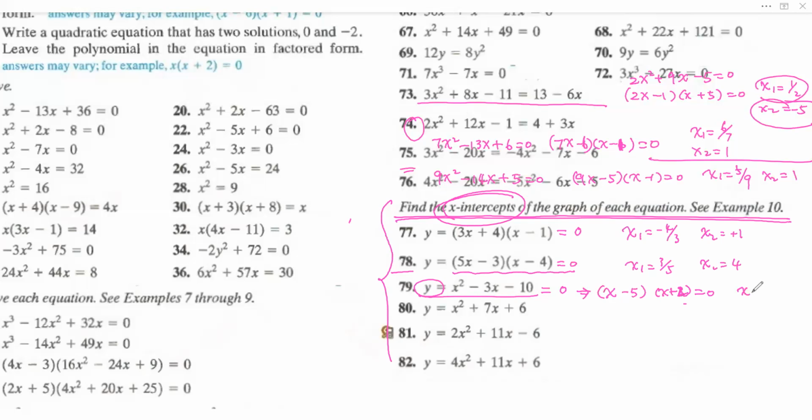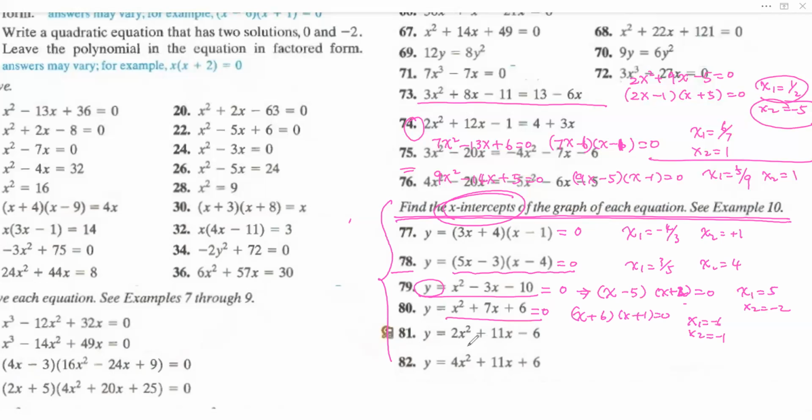So you can get x1 equals 5, x2 equals -2. The same, when they equal 0, we can factor this as (x plus 6)(x plus 1), right? So you can get two solutions, x1 equals -6, x2 equals -1.